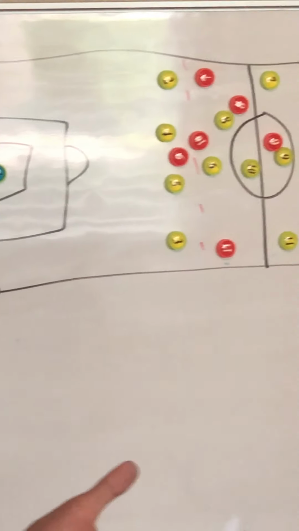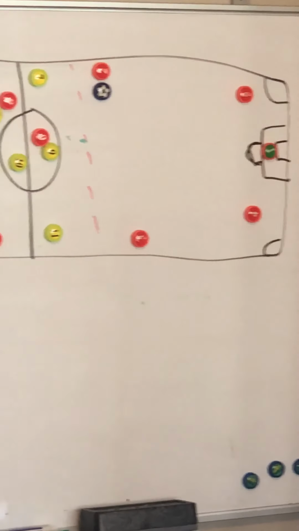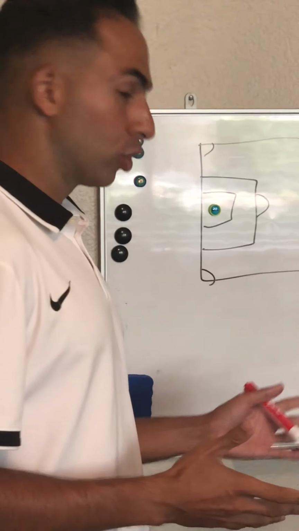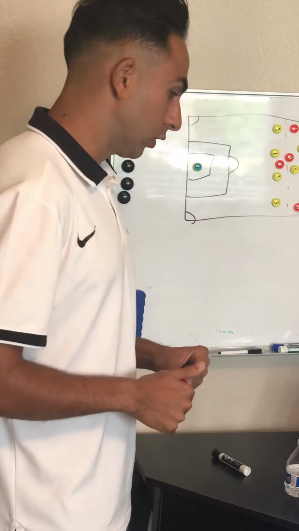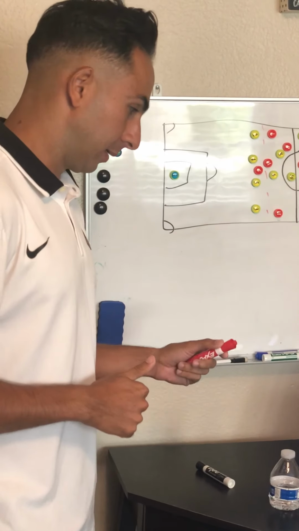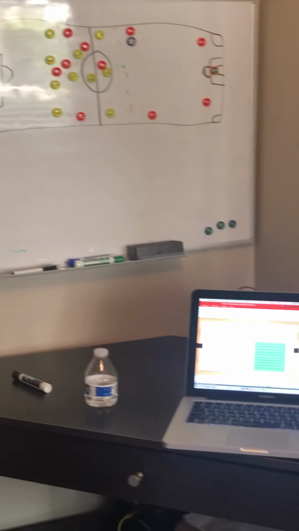We would like to press them right at the first bad touch, a miscue in that direction, which will transition to my next guided question, what do you deny the opposing team?